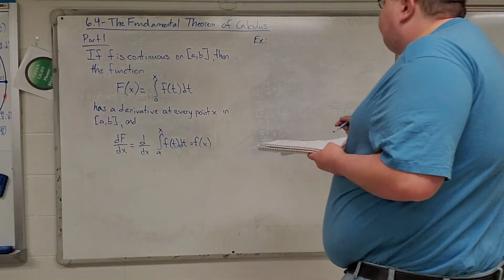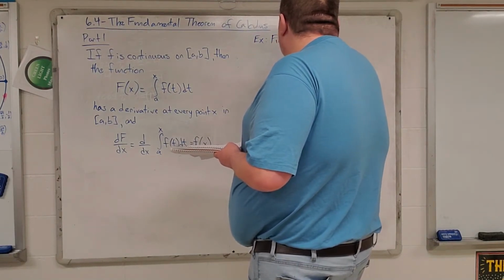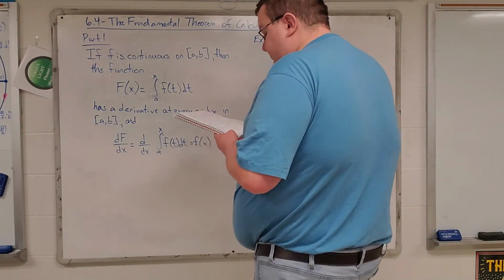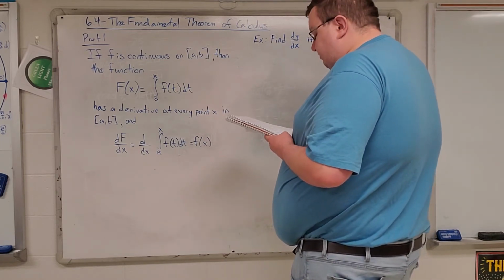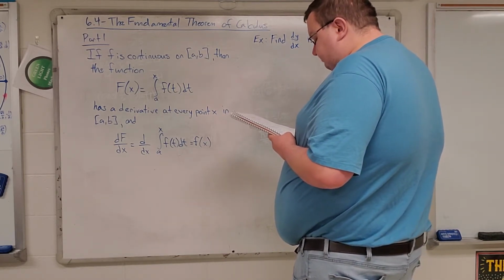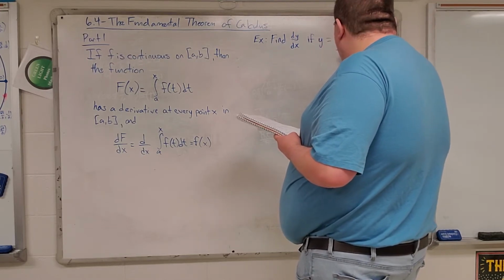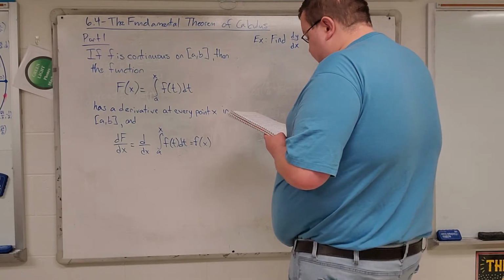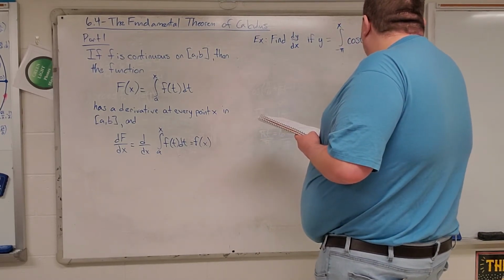They love asking questions on the AP Calculus exam with the fundamental theorem. So I can ask you, for example, to find dy/dx, and it'll look like a derivative question. Find dy/dx if y is equal to the integral from negative pi to x of cosine t dt.